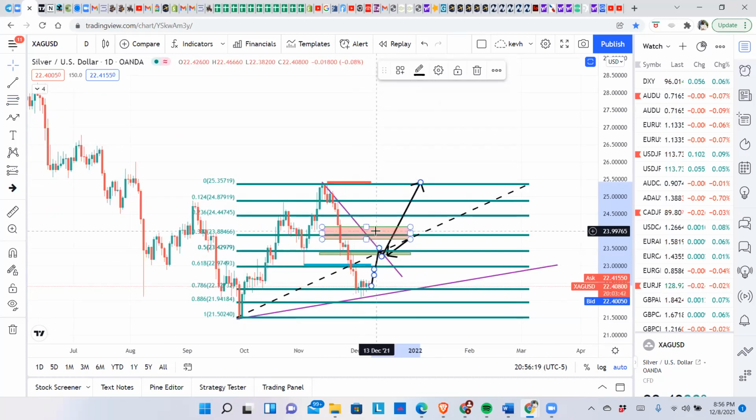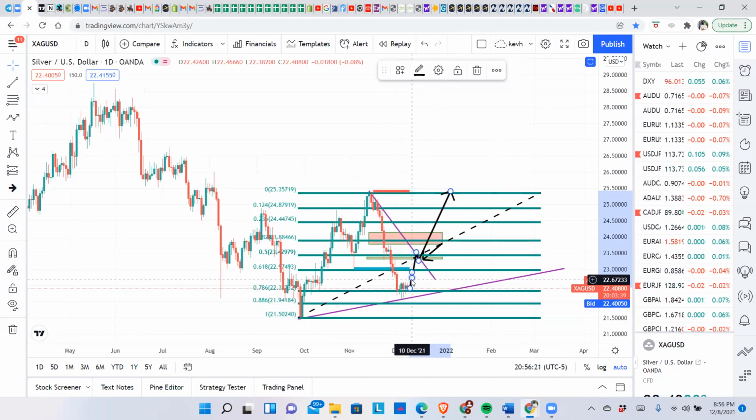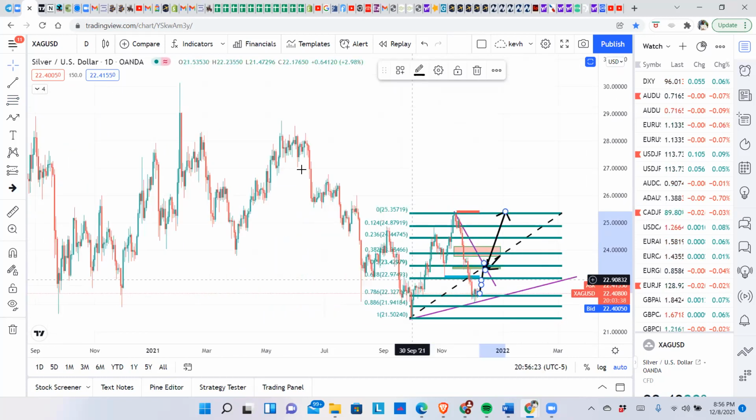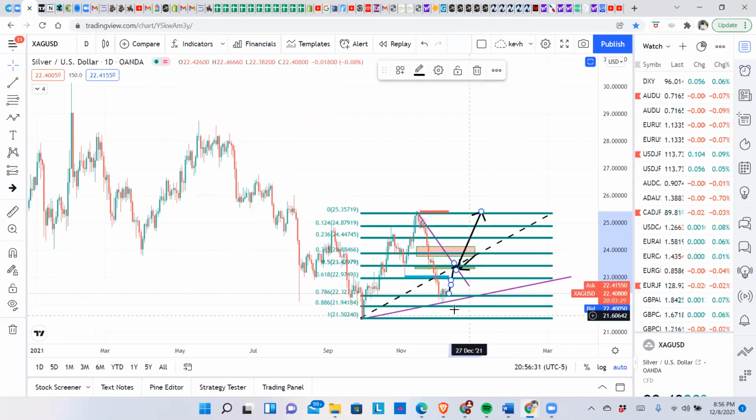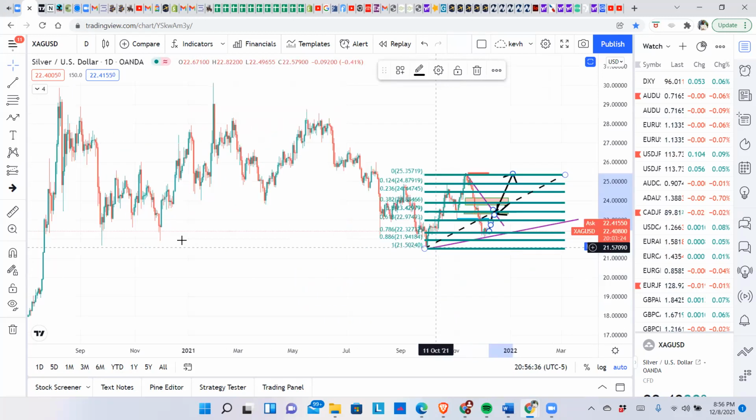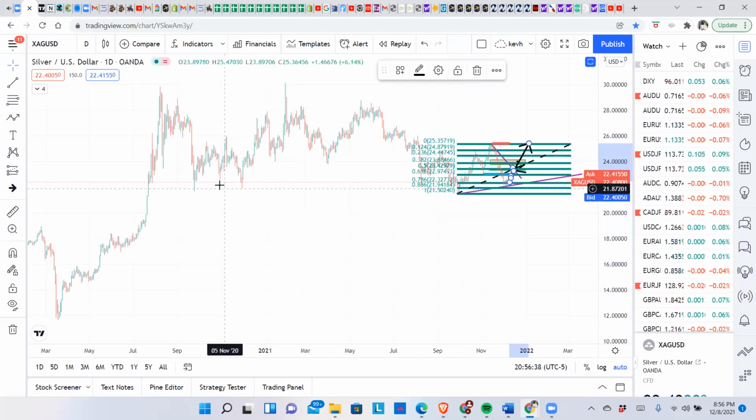But I want to see the price of silver go up over the next couple of days, right? Based on what we are seeing here. This is a higher low. And if it maintains this level and doesn't break lower than that, then I think we should be seeing a good buy in this market, okay? Just looking at what's happening here.